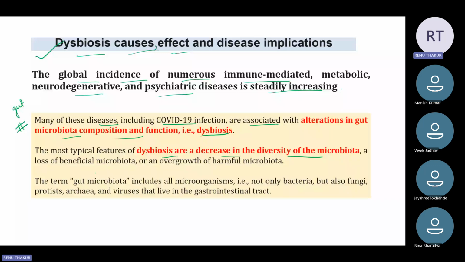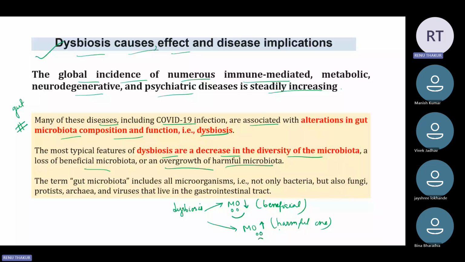It means if dysbiosis is occurring, then it will lead to what? Beneficial microorganism reduction. Good bacteria will be decreased, and the other condition will be that the harmful microorganisms, the bad bacteria, will be increased.